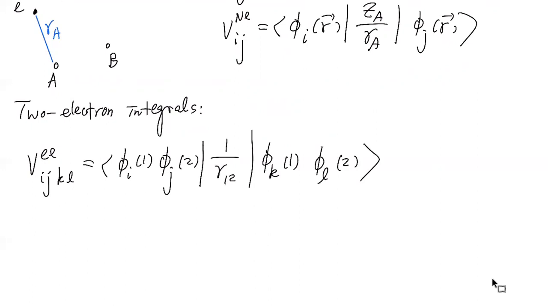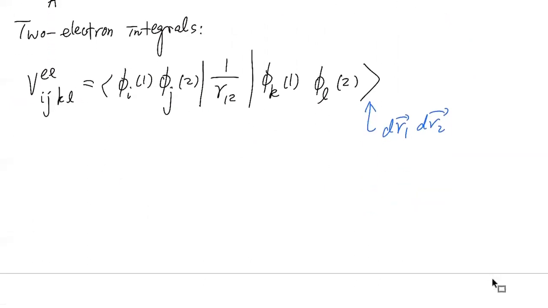This integral is over R1 and R2. So this is the electron-electron interaction. You can have electron 1 in orbital i, electron 2 in orbital j, electron 1 in orbital k, electron 2 in orbital l. So when you construct a matrix, you will have this kind of matrix element. So this is definitely a 2 electron integral.